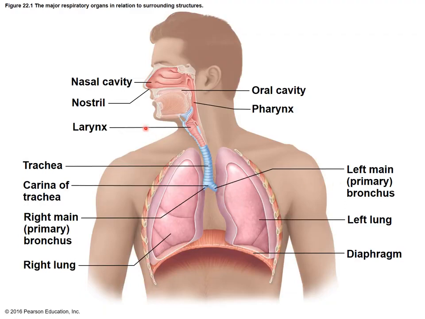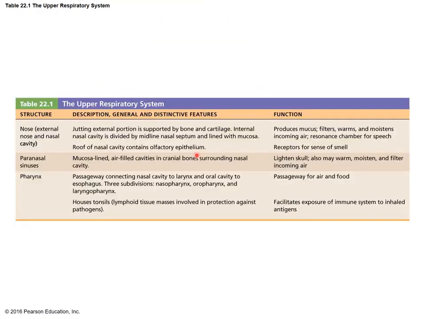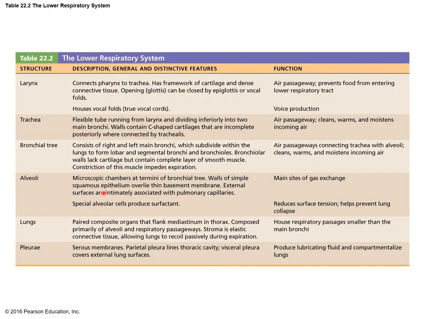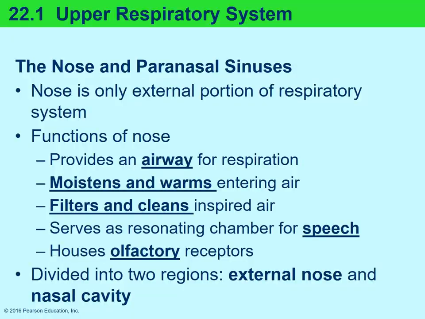So up here is the upper respiratory system, and then down here is the lower respiratory components. This chart goes through the upper respiratory system, names the various structures, gives a brief description, and the function for each. And it continues now also with the lower respiratory.